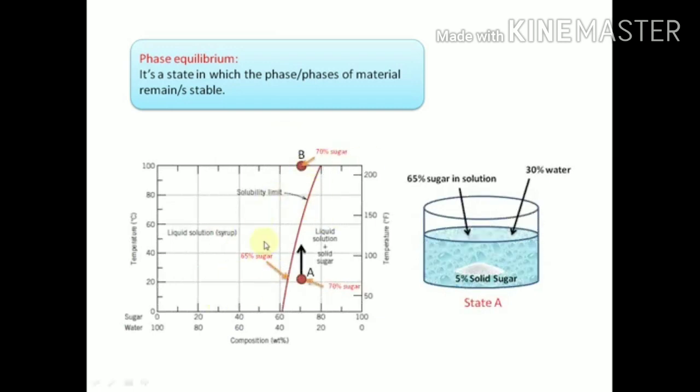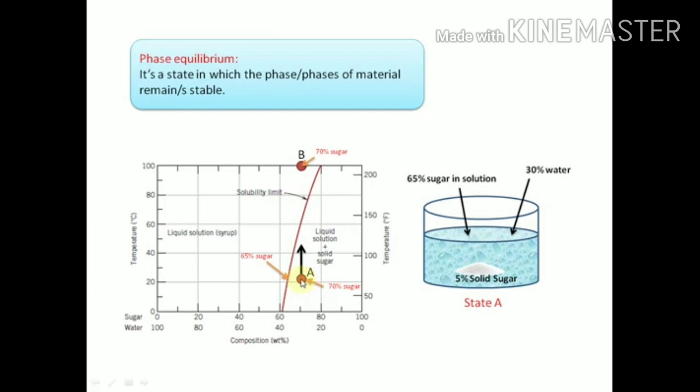In the same figure of temperature versus composition, we have taken two states. One is state A, another is state B. State A is at a temperature of 20 degrees Celsius. It is clearly seen that state A is outside the solubility limit curve.